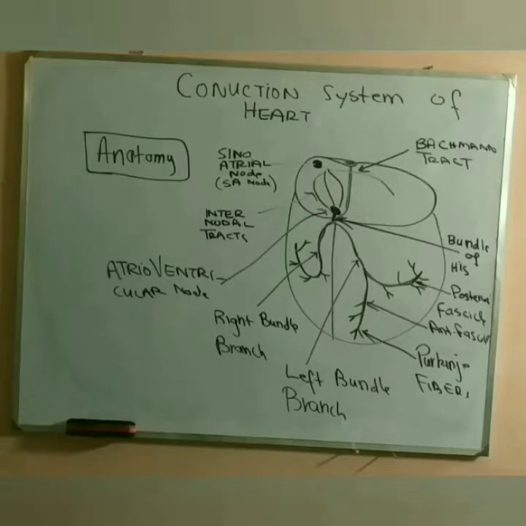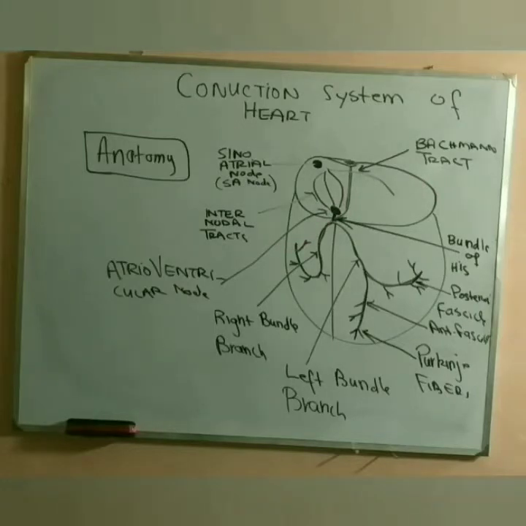From the SA node, three internodal tracts move towards the atrioventricular node. This is anterior, this is middle, and this is posterior internodal tract. And from SA node, another tract goes towards the left atrium, which is known as Bachmann tract.